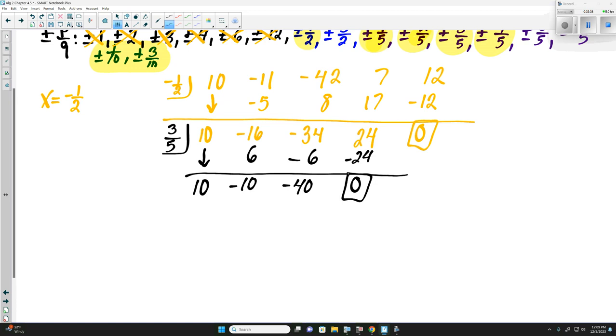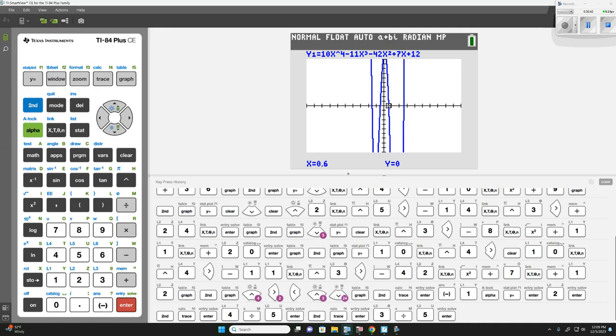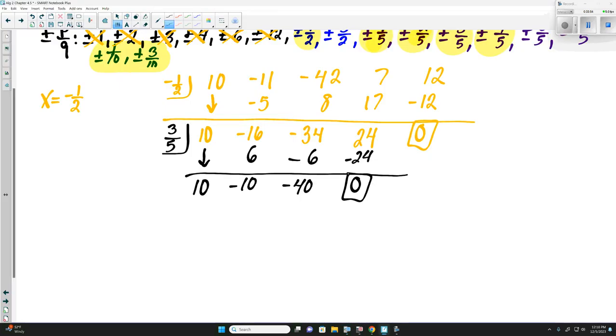Now we can try the rest of them, and unfortunately, none of them work because our other two values, one of them is between 2 and 3, and the other is between negative 2 and 3. Well, all of our values are actually between 0 and 2 and 0 and negative 2, so none of the rest work.